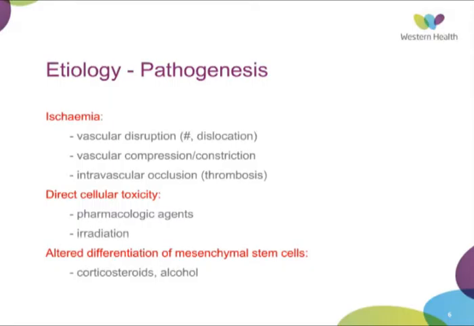Intravascular occlusion also is a pathogenesis with protein C and protein S deficiency patients, thrombophilics, as well as factor V Leiden deficiency. Direct cellular toxicity is also the mechanism of steroids, drug-induced, and alcohol, as well as post-radiation or irradiation. Altered differentiation of mesenchymal cells is the third etiological pathway that's been proposed.